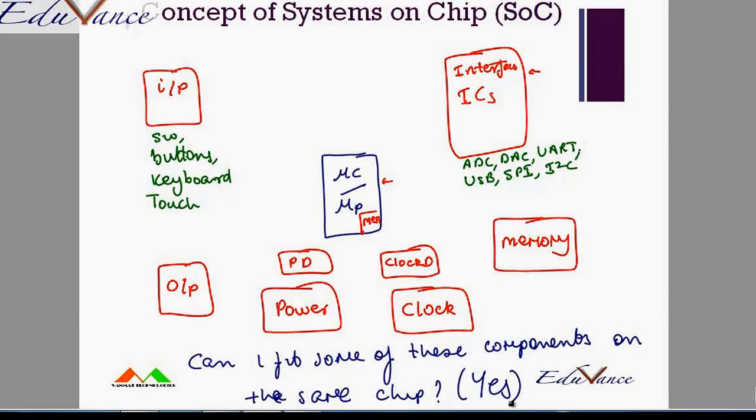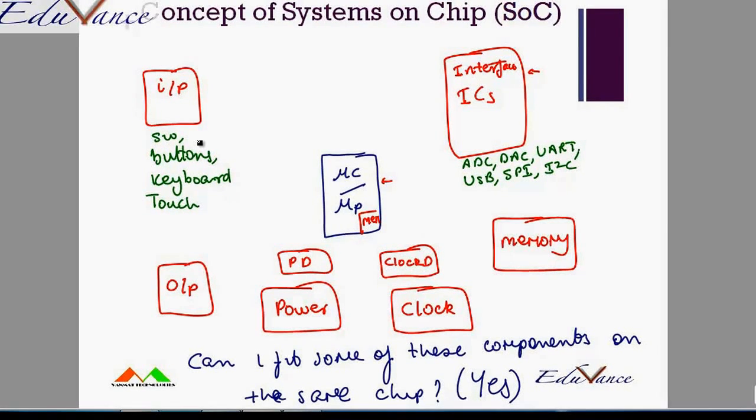So let's see. Can I put switches and microcontroller on the same chip? No. Please understand, it's the same chip. Can I put output and the components on the same chip?